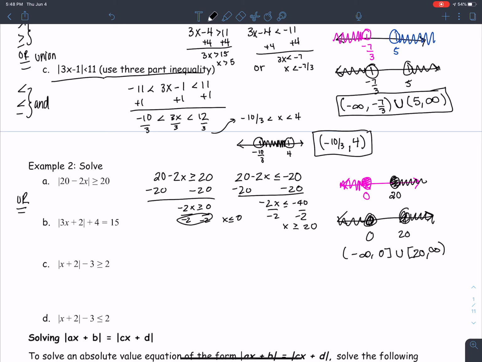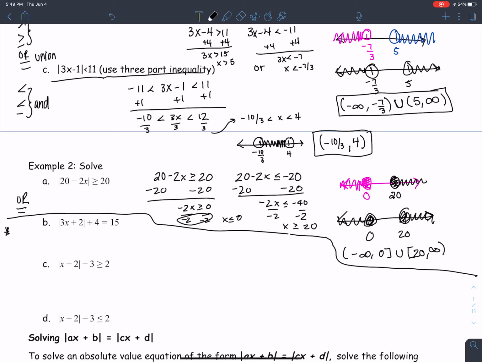Now, if we look at B, B's a little bit different. We've added another number on the left side. Okay? So this is a big deal. We've now stepped into another realm of problems. Anytime we add another number on the left side, we have to isolate the absolute value before we split it up.